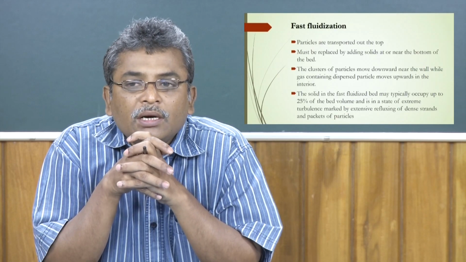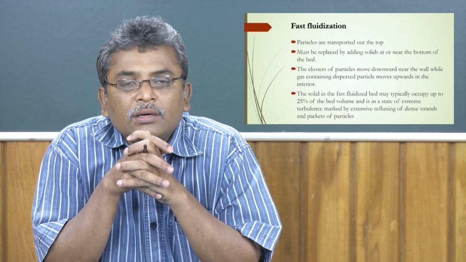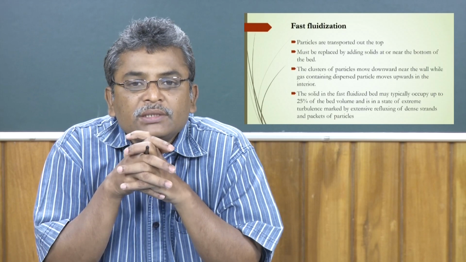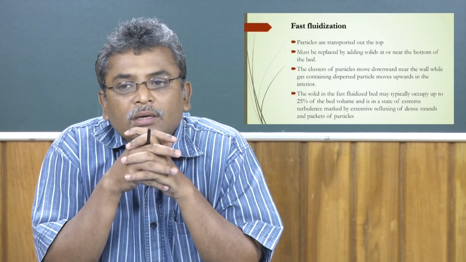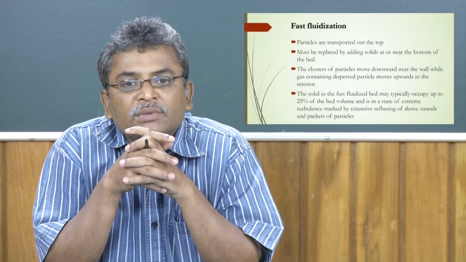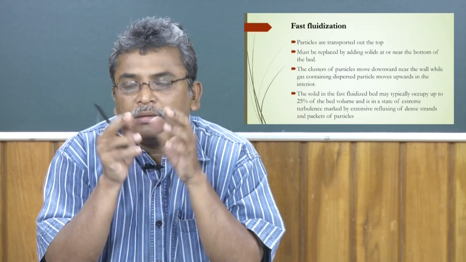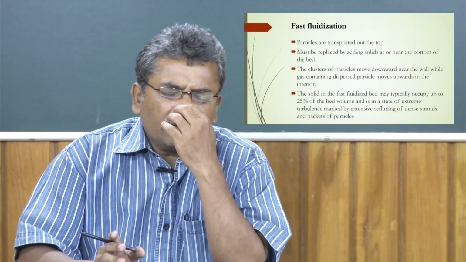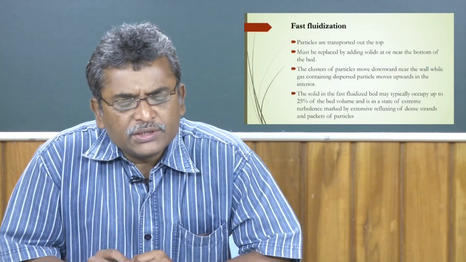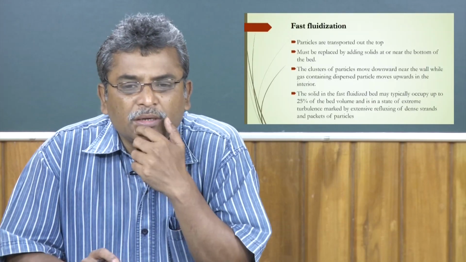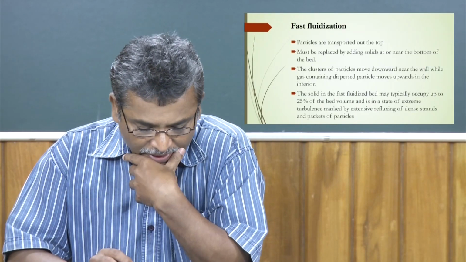If it is a very narrow tube, you may not get this type of back movement or downward movement of the solid particles inside the bed. So, to get this downward movement of the solids, there will be a large diameter of the fluidized bed.